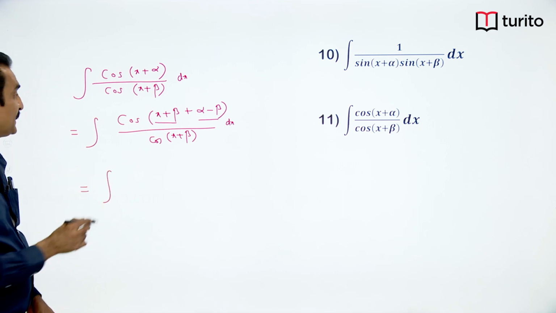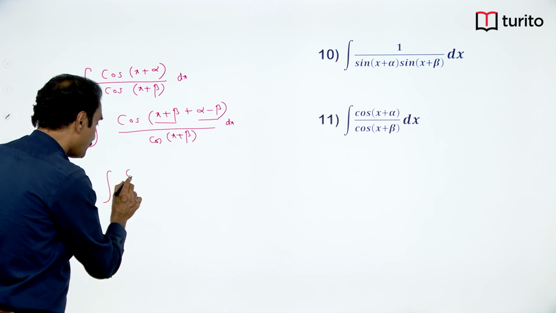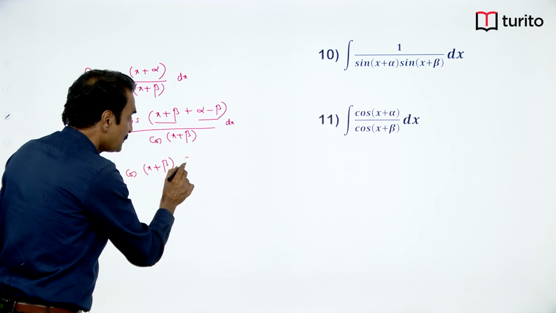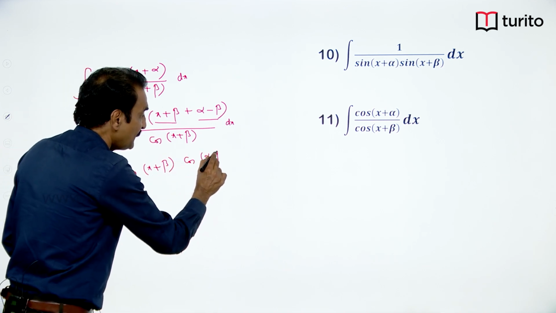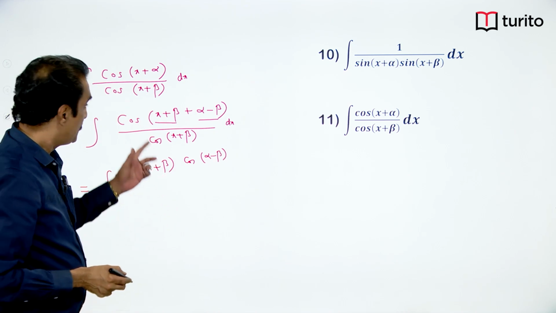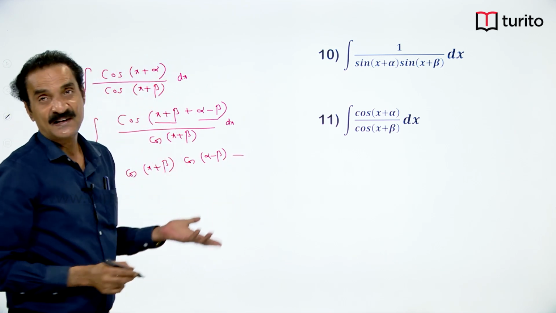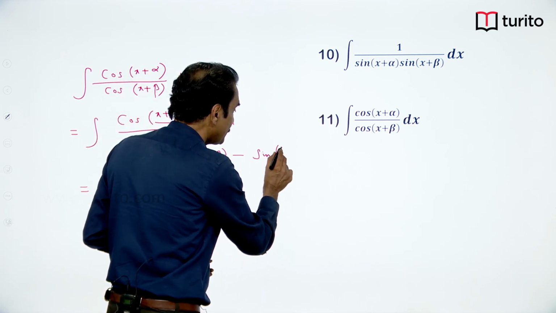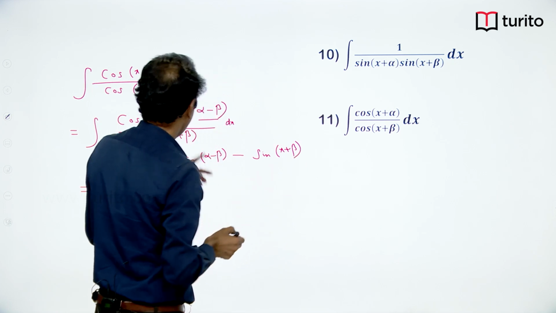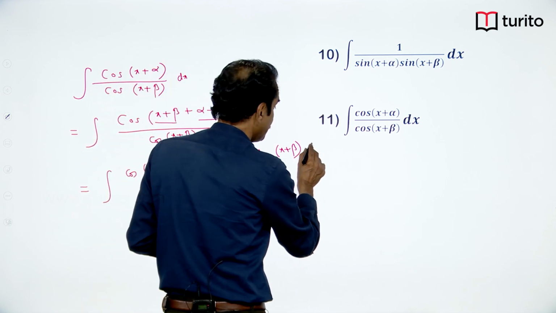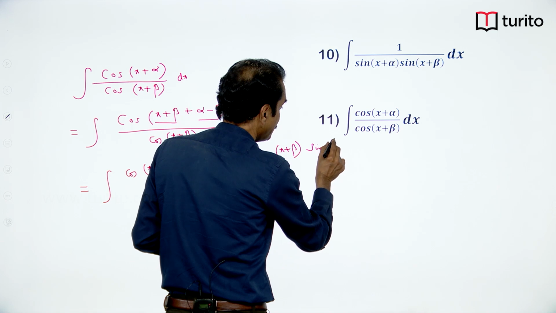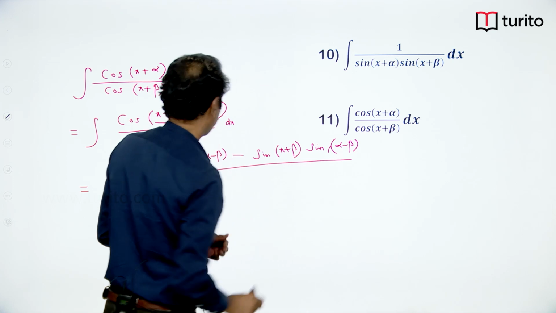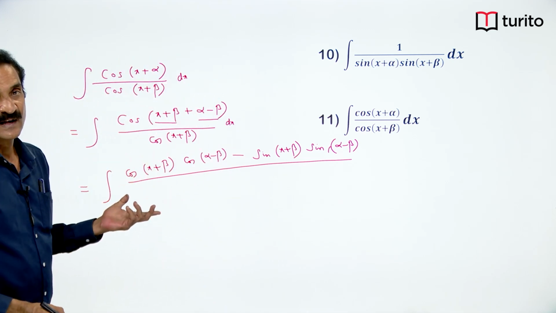It becomes cos A cos B, cos x plus beta into cos alpha minus beta, minus sin A sin B, sin x plus beta into sin alpha minus beta, by cos x plus beta.